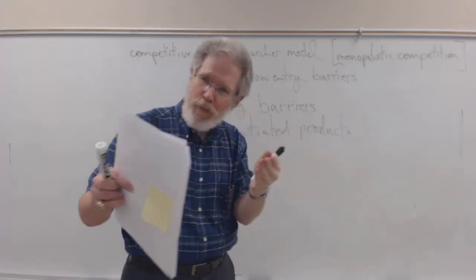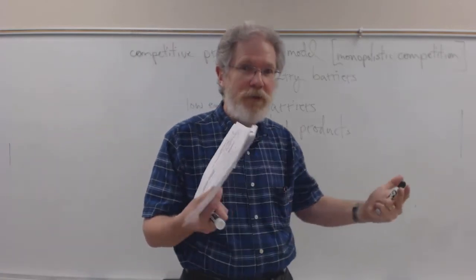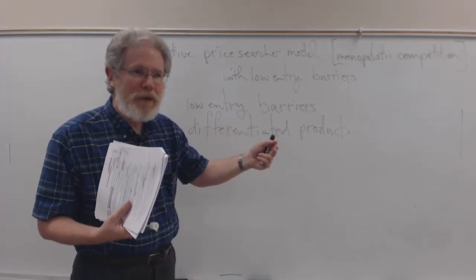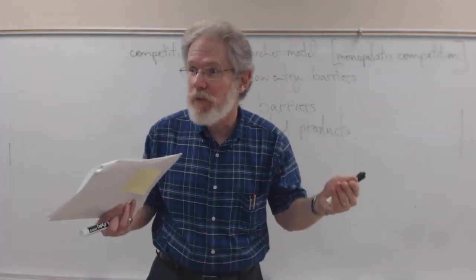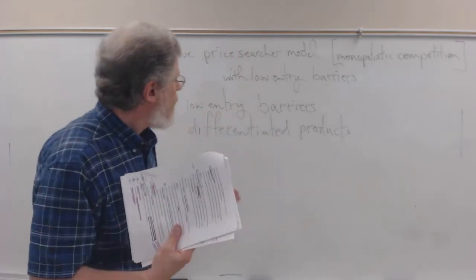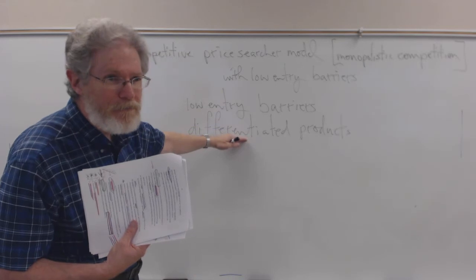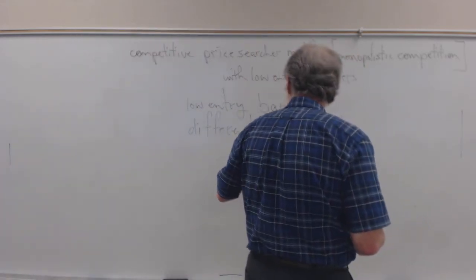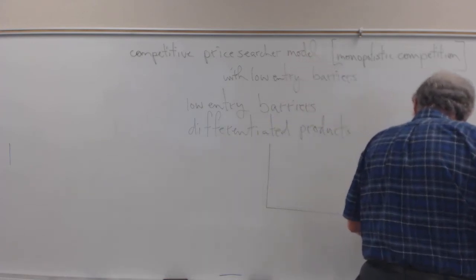They vary, just like Burger King and McDonald's. They're both hamburgers, they're substitutes for each other, but they're not exactly the same thing. And some people are going to prefer one, some people are going to prefer the other. Okay? Because the products are differentiated, what effect is that going to have on the demand curve?